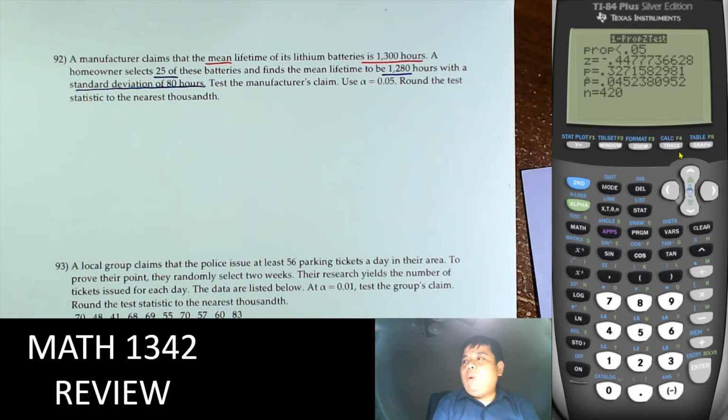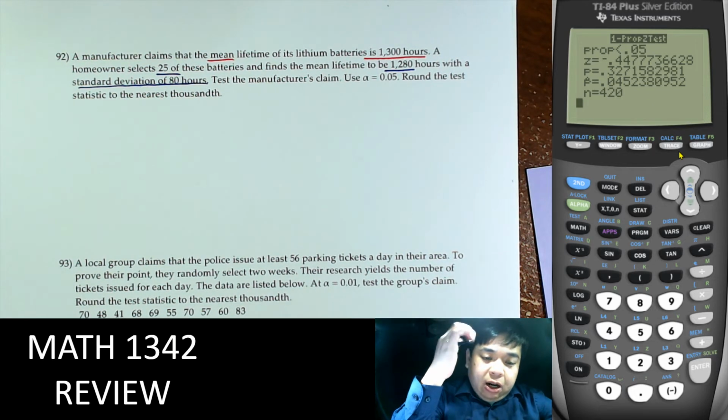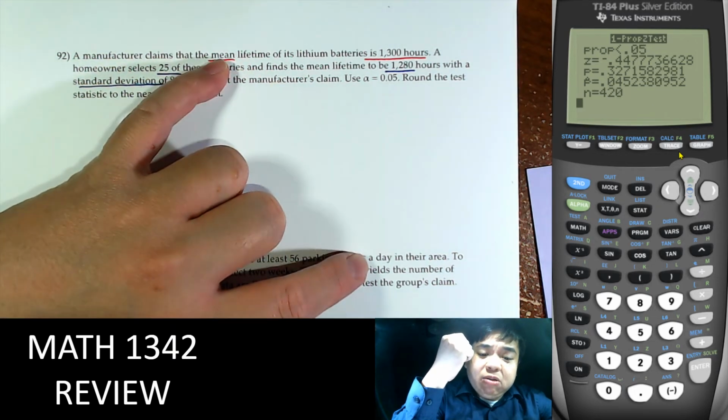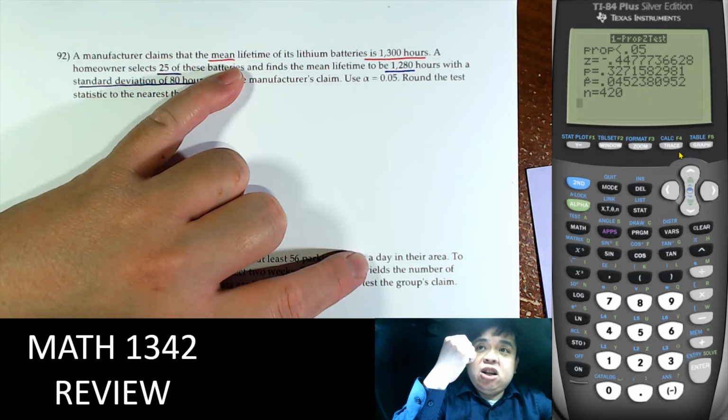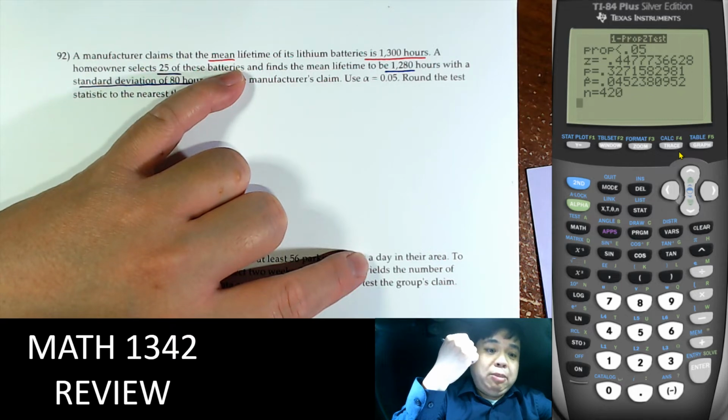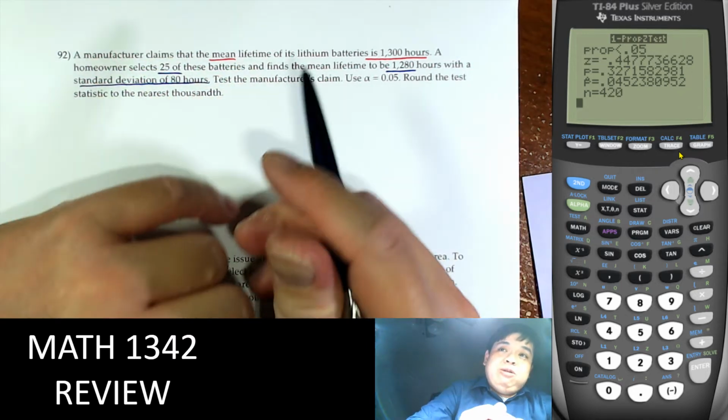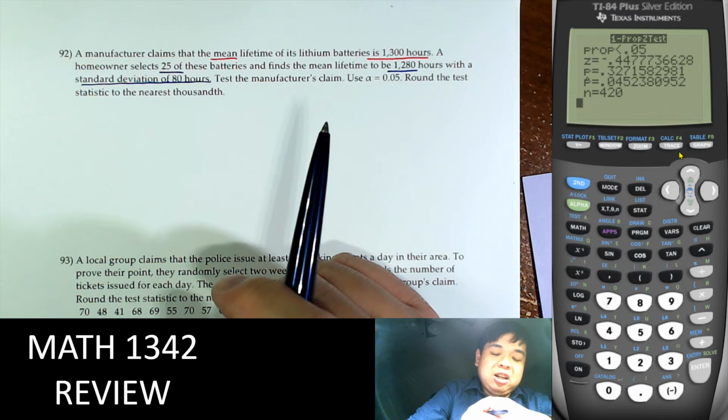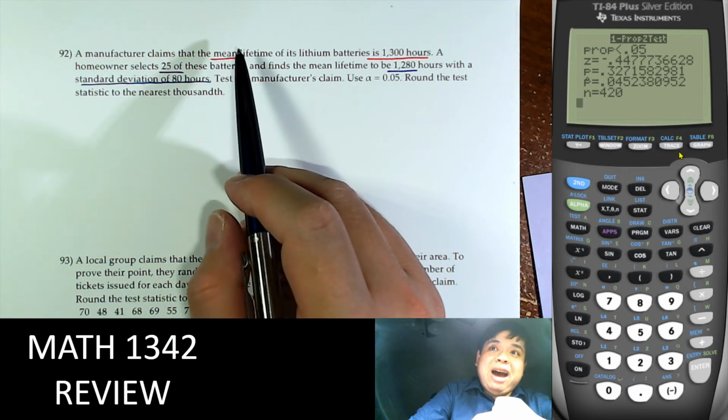It depends on how we want to set up the problem. If the company claims that the mean lifetime is 1300 hours, and it turned out to be 1500 hours, that means good. That's still good, because from the consumer's perspective, that claim is still very valid.